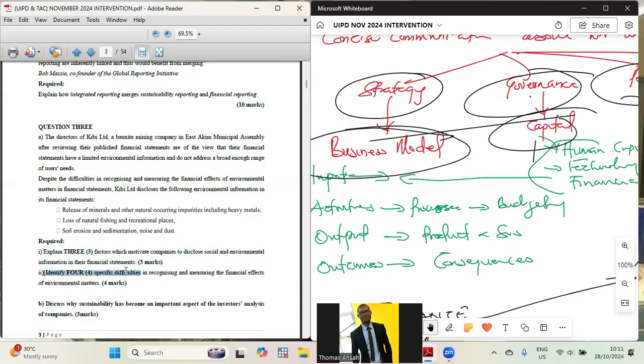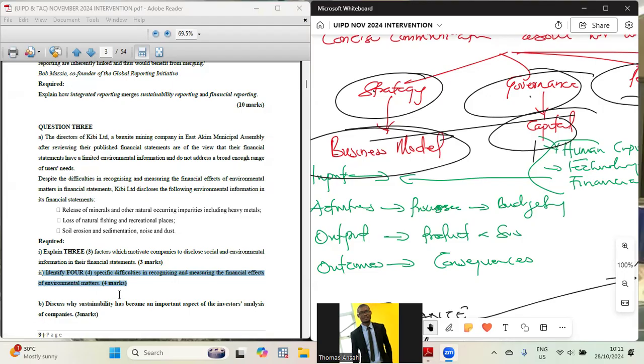Again, identify four specific difficulties in recognizing and measuring the financial effect of environmental aspects.